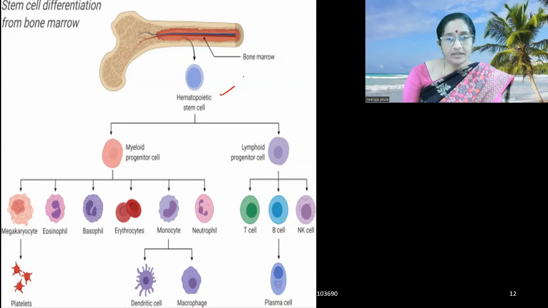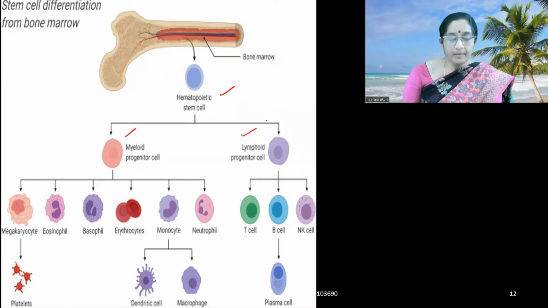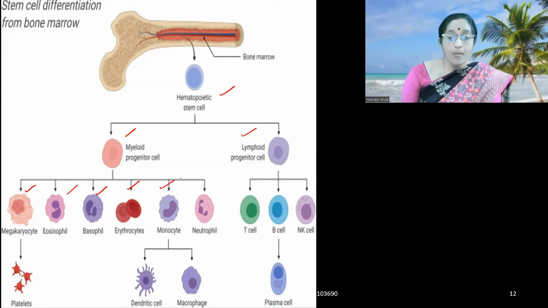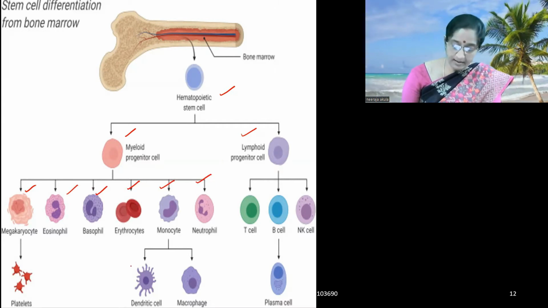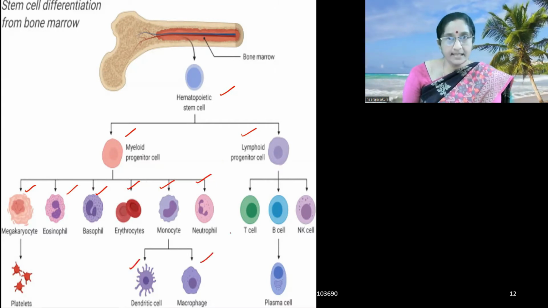Hematopoietic stem cells are produced right from the bone marrow. It is associated with the myeloid progenitor and lymphoid progenitor. Myeloid progenitor produces megakaryocytes, eosinophils, basophils, erythrocytes, monocytes, and also neutrophils. Monocytes are the cells which are differentiated into dendritic cells and also macrophages.